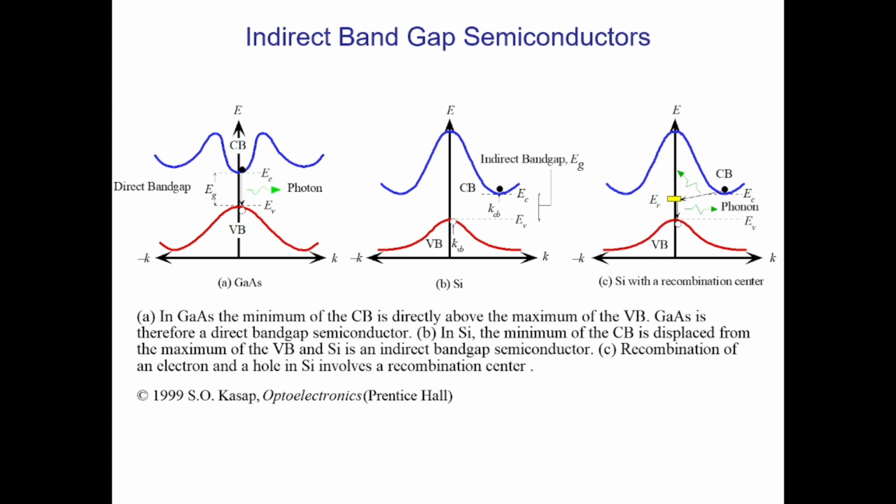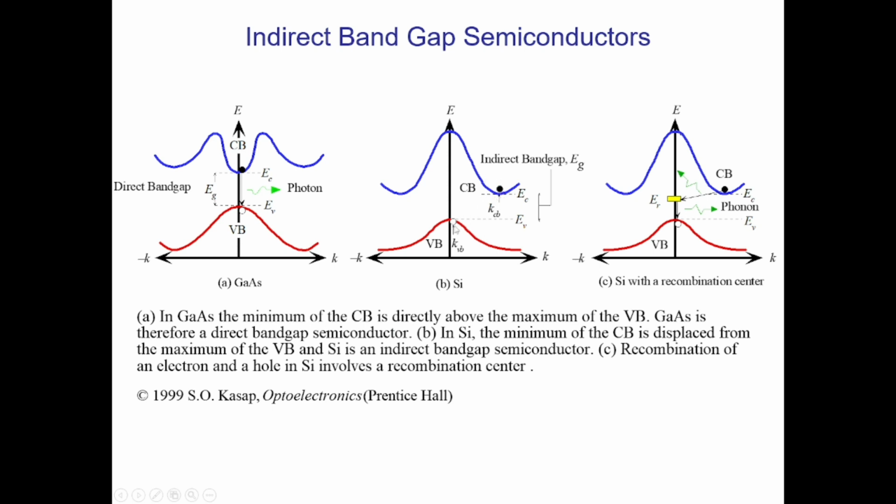For indirect band gap semiconductors, we can see what is happening for silicon. Here, this is your gallium arsenide, where the valence band and conduction band energies are on the same line. But the top portion of the valence band of silicon and the minimum of the conduction band of silicon are at different positions.